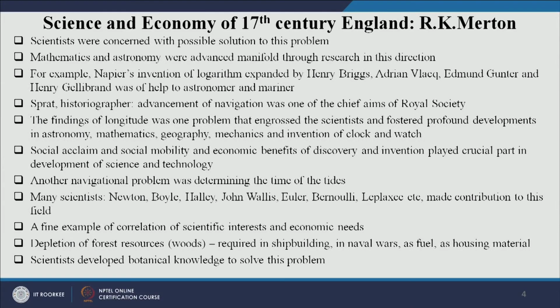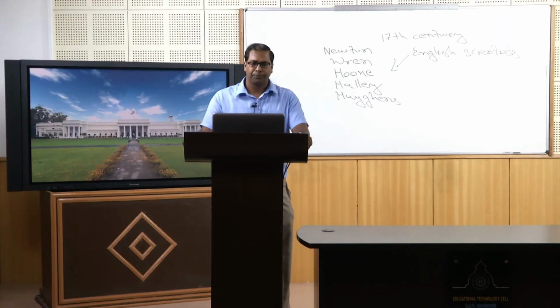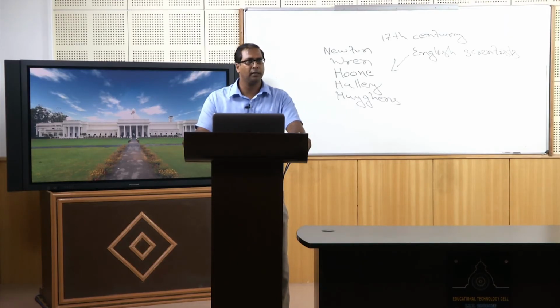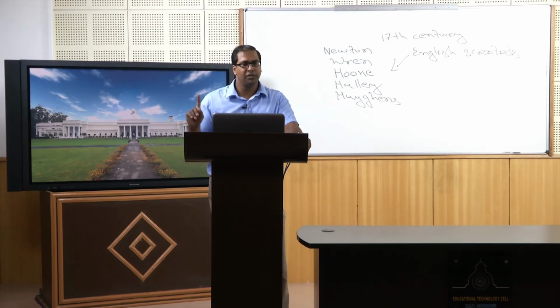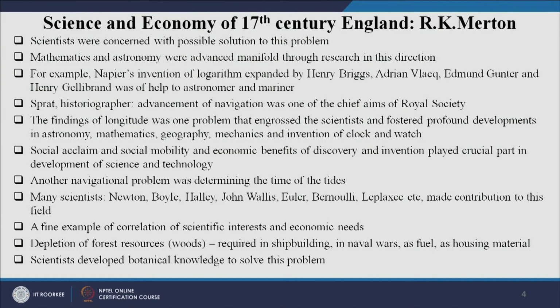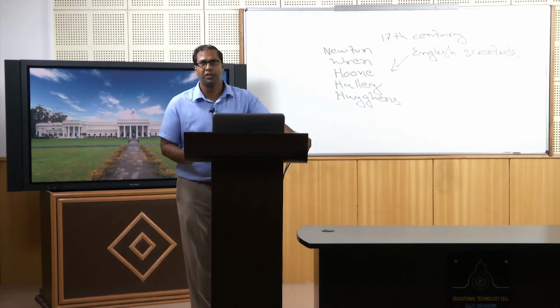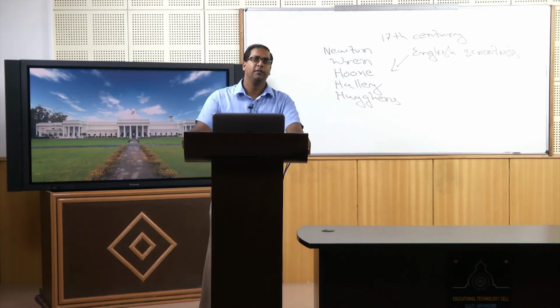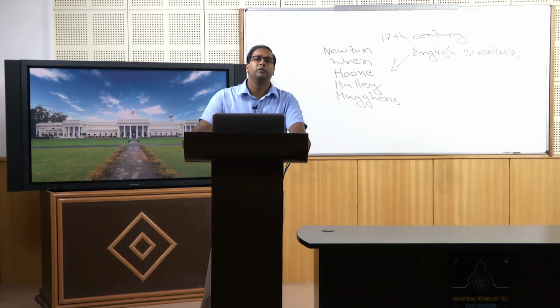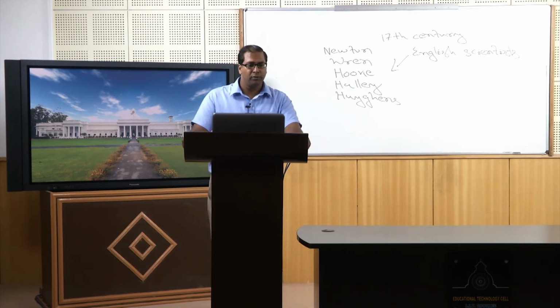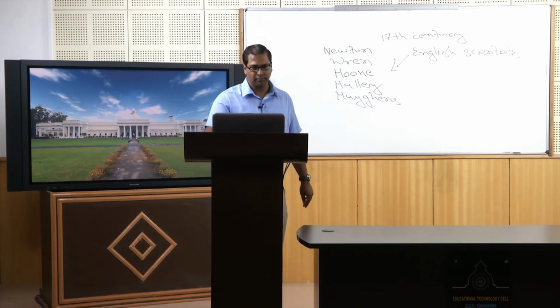Napier's invention of logarithm is a theoretical contribution, but that was used by the astronomers and mariners for practical purposes, to understand and grasp the problem of longitude and latitude, to understand the position at sea. They made use of Napier's invention of logarithm.